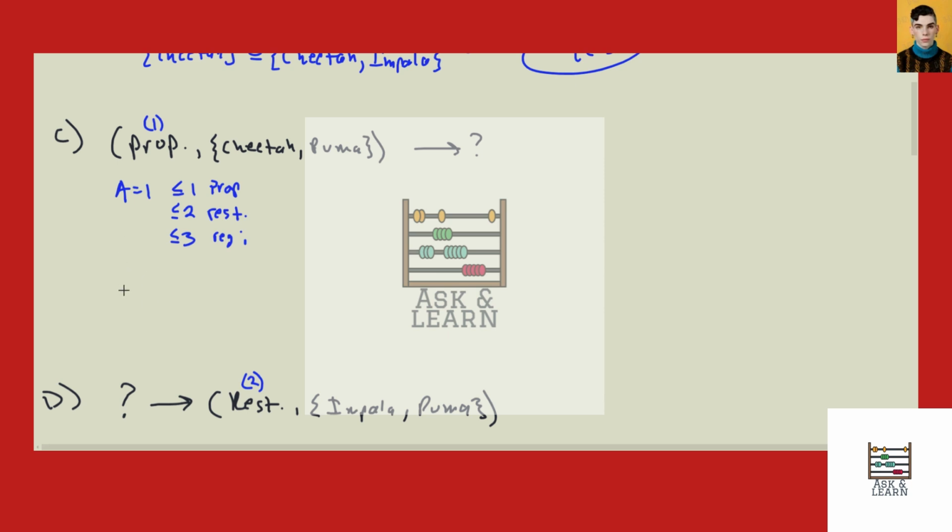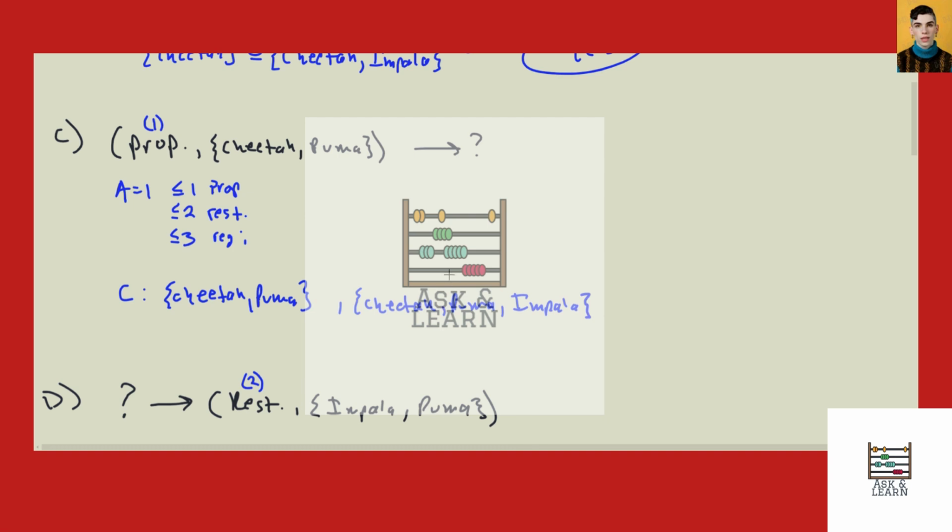All right, and now for us to be able to pass for C, the class, we need it to contain Cheetah Puma, or we need Cheetah Puma to be a subset of that. Well, Cheetah Puma is a subset of itself, so we can pass into the same group, and we can also pass into the larger group Cheetah, Puma, and Impala.